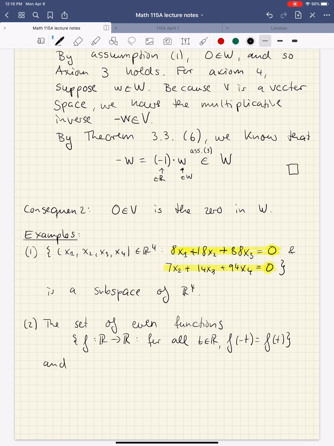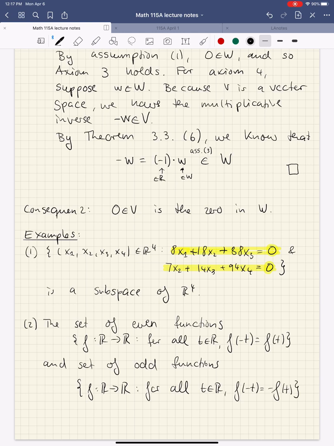And also the set of odd functions. So this is a subspace of the set of all functions on R.